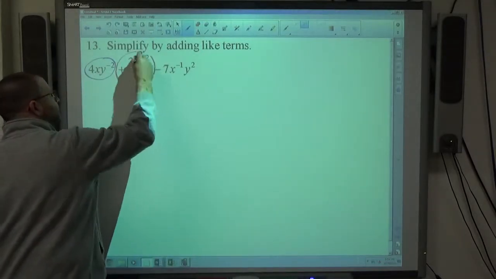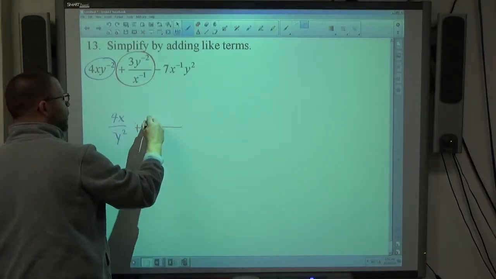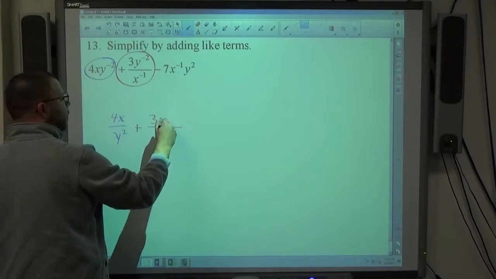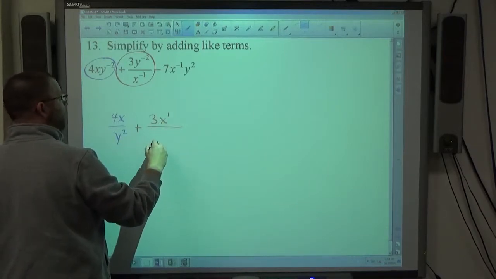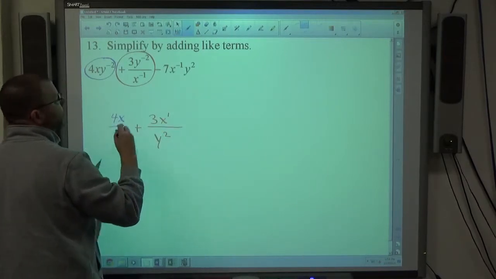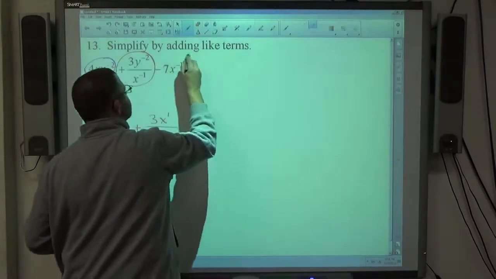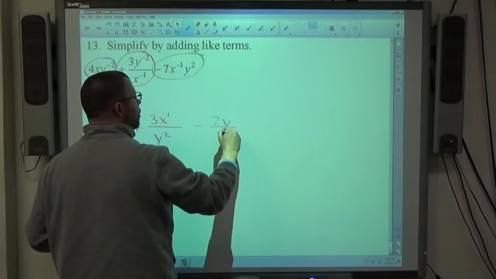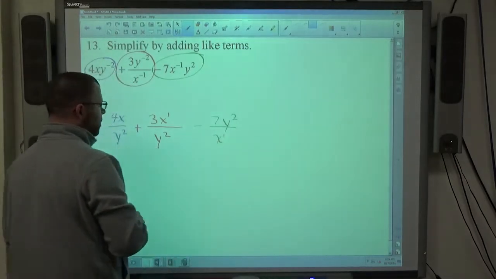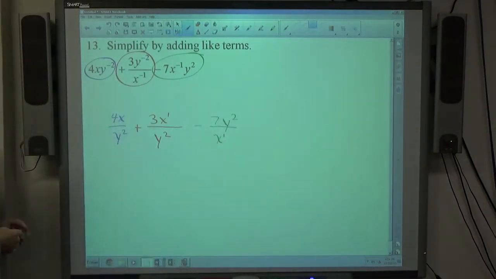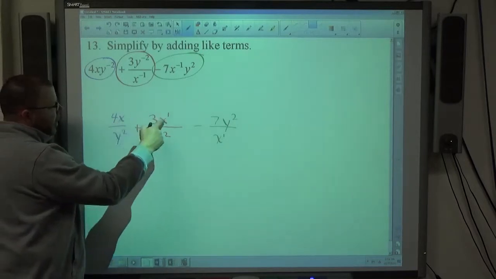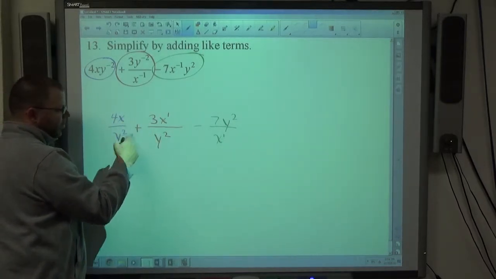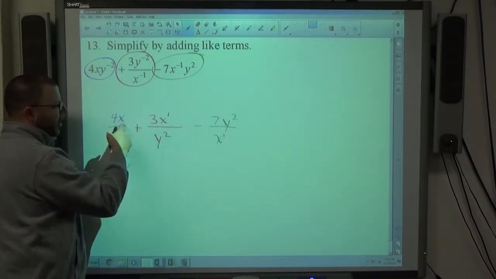The second term is plus 3, which is fine where it's at, x belongs on the top, and y squared belongs on the bottom. The third term, minus 7 on top, is fine the way it is. Y squared belongs on top, x to the first belongs on the bottom. Looking at these, x to the first on top, y squared on bottom, these two guys are like terms.